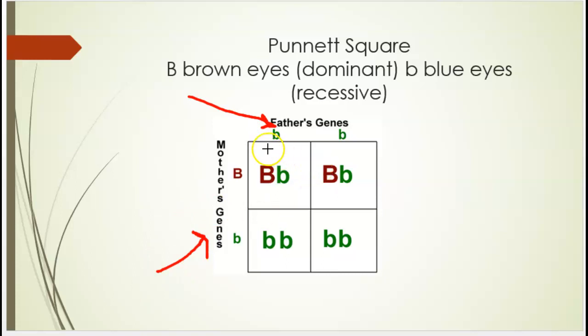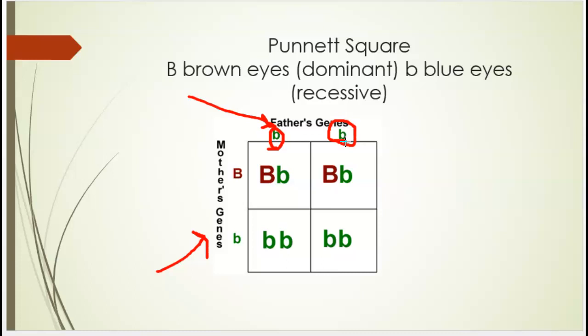The father has in his genetic makeup 2 recessive traits for blue eyes. He has blue eyes, so he is going to have 2 small b's, because in order for you to express blue eyes, you've got to have those recessive traits.